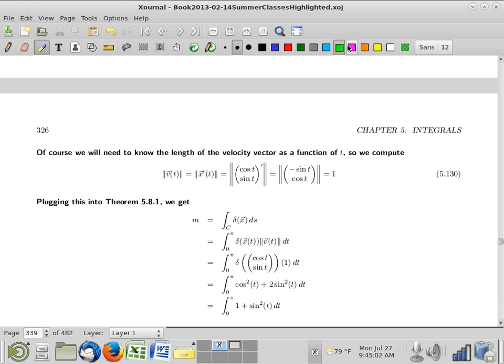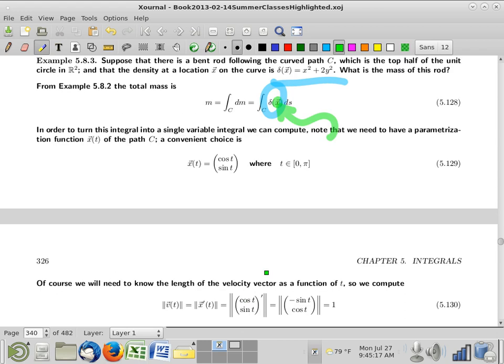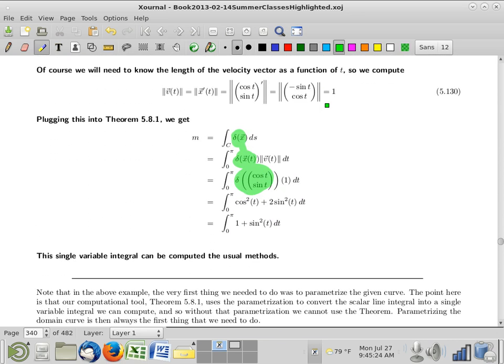Let's see here. So density is a function of x and y, but x and y are functions of t. x is cosine t, y is sine t. Specifically, density was x squared plus 2y squared. Okay, so fine. x squared plus 2y squared.